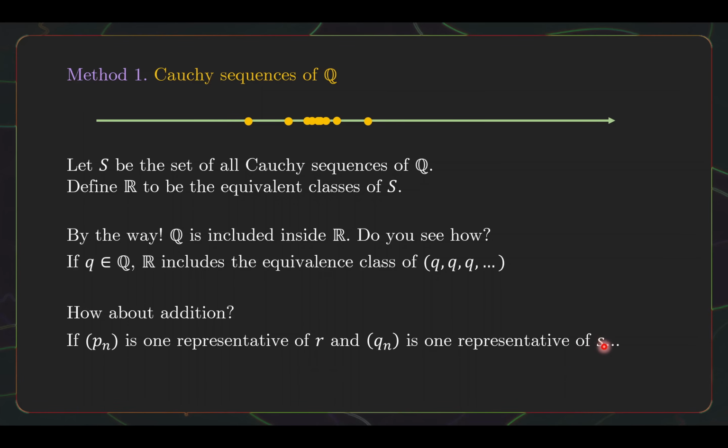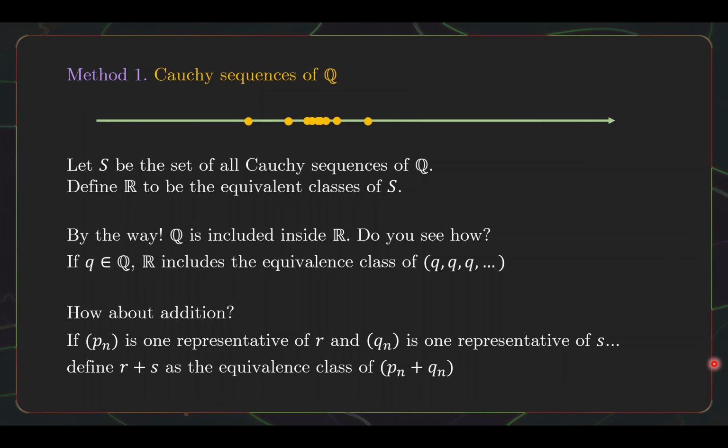And the same thing for s. It's basically a Cauchy sequence that heads towards s. And the way I define addition is that r plus s would then be the real number that is represented by the sum of these Cauchy sequences. Yeah, so there's a bunch of things to check, but just to give you a flavor of what addition will look like with this definition.